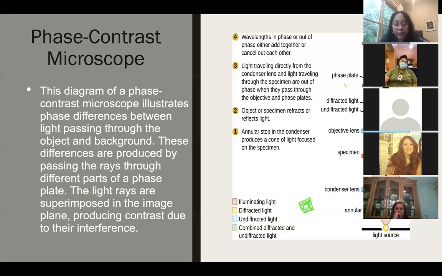Okay, so if you want to see the shape of the specimen, the inside of the specimen, we make it really bright, and the outside remains lightly illuminated. So we increase the contrast to understand the shape of the bacteria. Okay, so that's one example of how or why we use the phase contrast microscope.